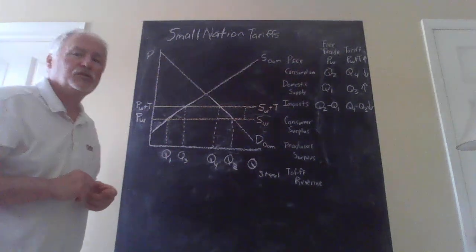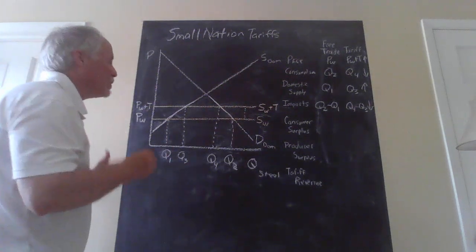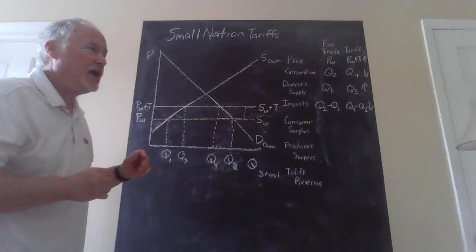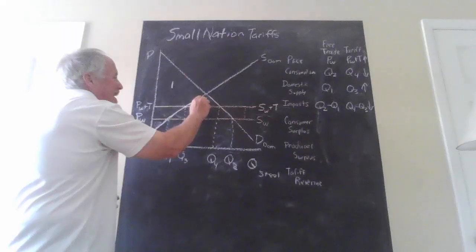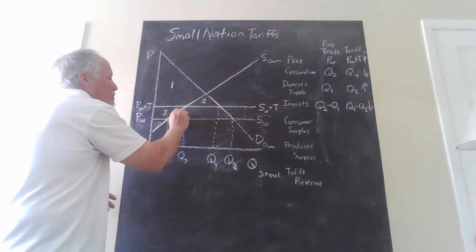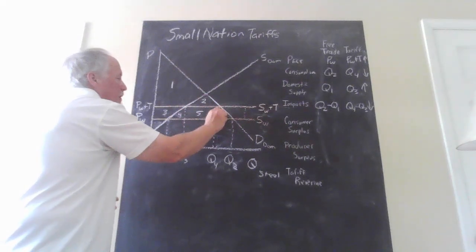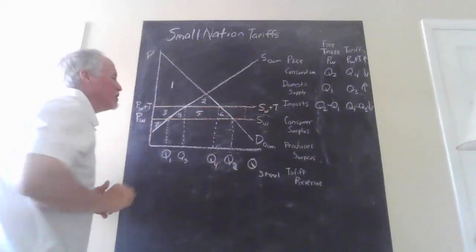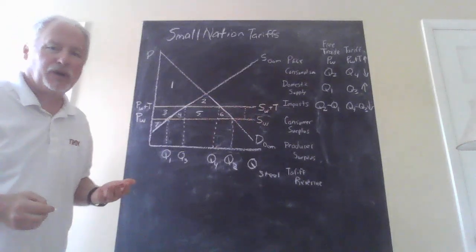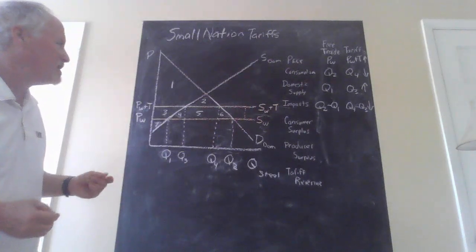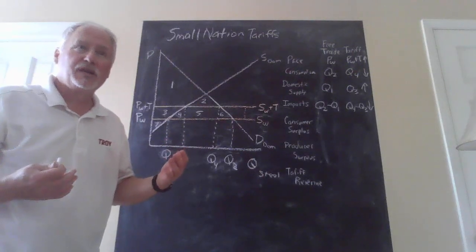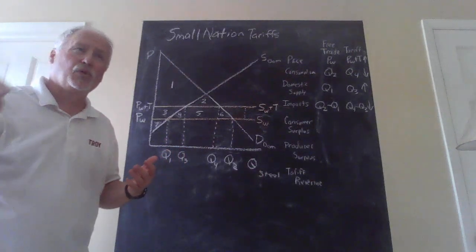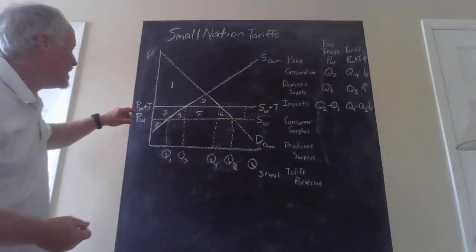Now we have to do the consumer and producer surplus. So those are areas, and so I will put numbers on here to correspond to the areas that we have. And we're going to need those areas, so I have them labeled now. 1, 2, 3, 4, 5, 6, and 7. Consumer surplus, to find it on the supply and demand graph, you take the area that's below the demand curve and above the price.